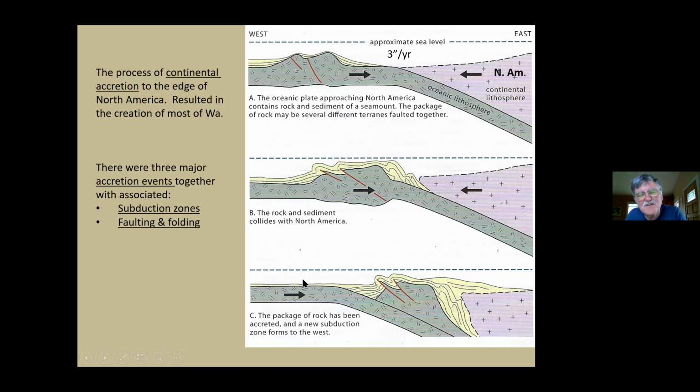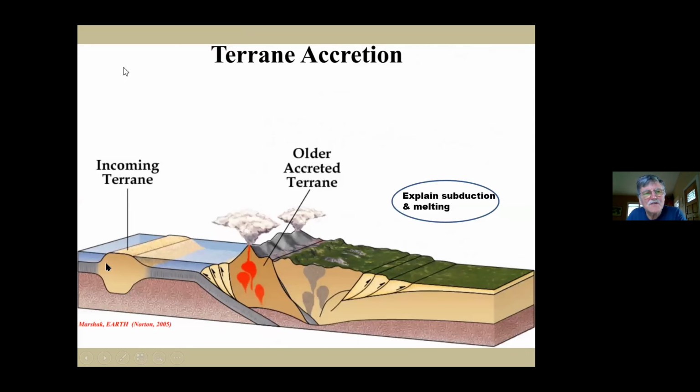So this new land just keeps coming and keeps coming until we eventually formed Washington. So here's the incoming terrain. Here's the older terrain. It slammed into it in all kinds of chaos. We have normal faults. We have melting, forming of volcanoes. We have more sedimentary deposits. So it was really a tumultuous time, okay?